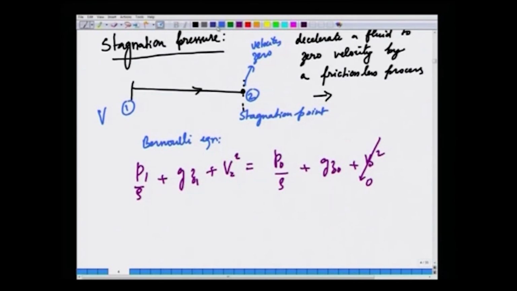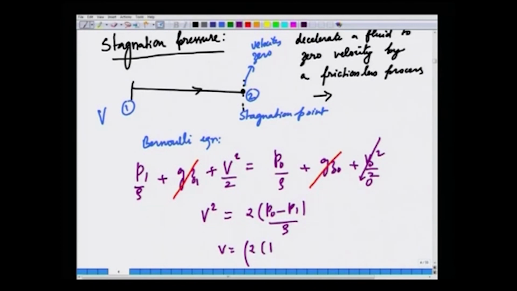Now, if you assume that the elevations are the same, then the gravity terms cancel out. That gives an expression for V^2/2 = (P0 - P1)/rho. So V = [2(P0 - P1)/rho]^(1/2).